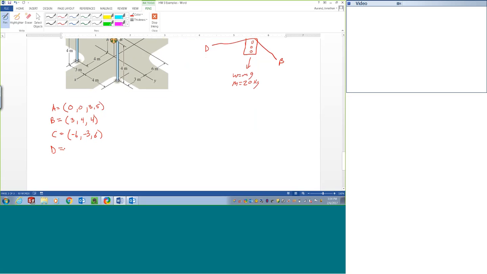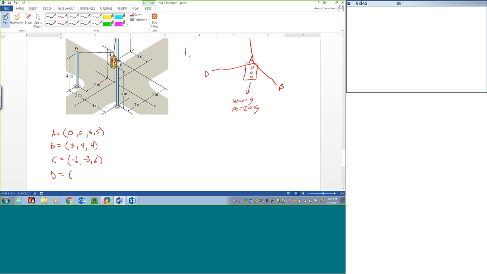Finally, D. What do we have there? We have 4 in the x direction, -3y, positive 4. So 4, -3, 4. Very similar to our B vectors there.